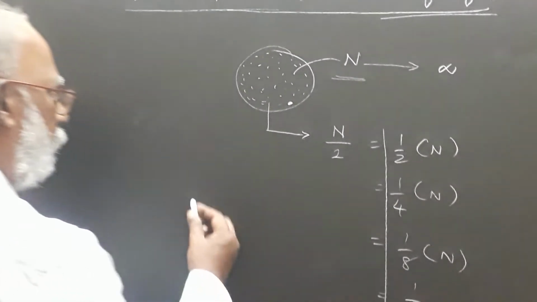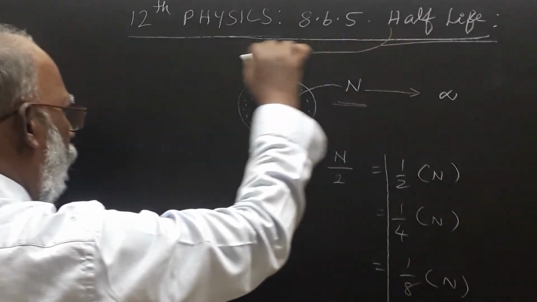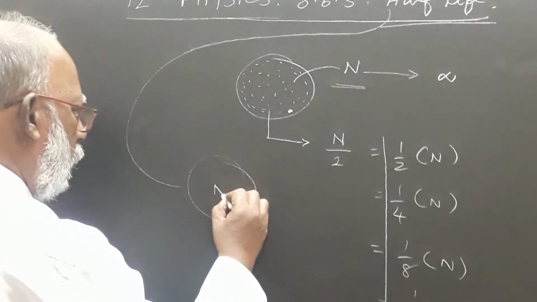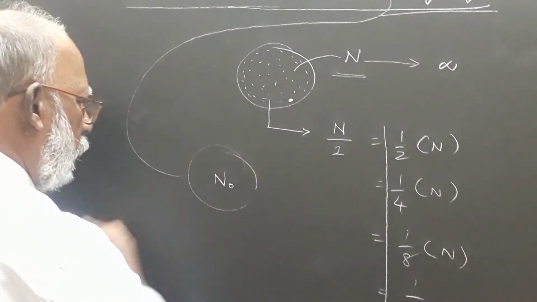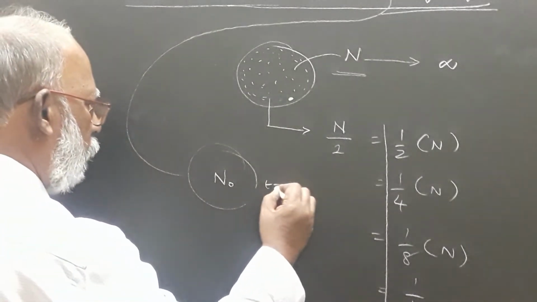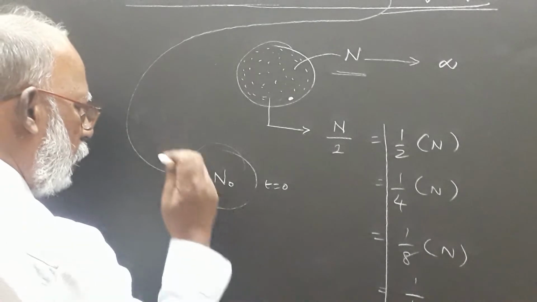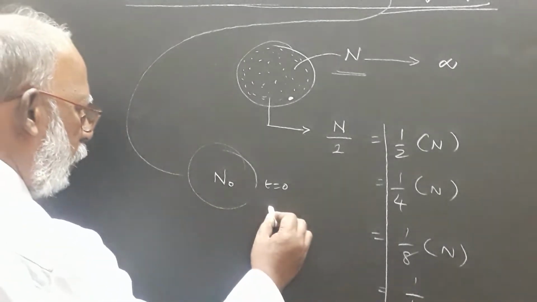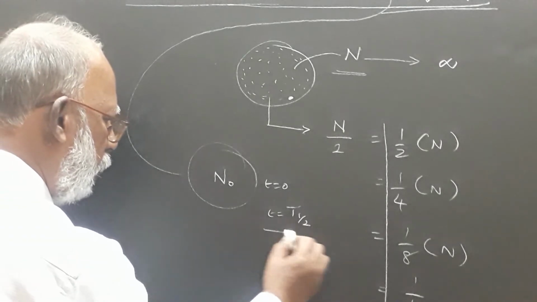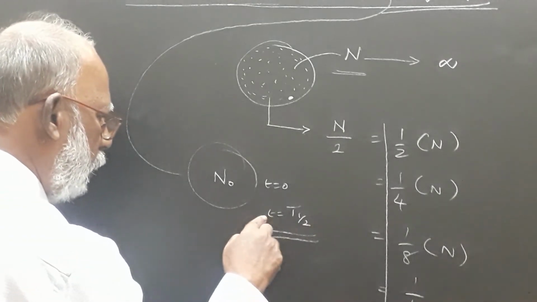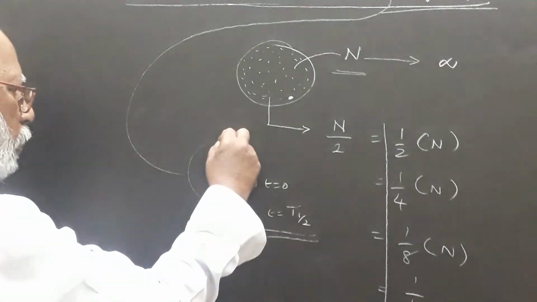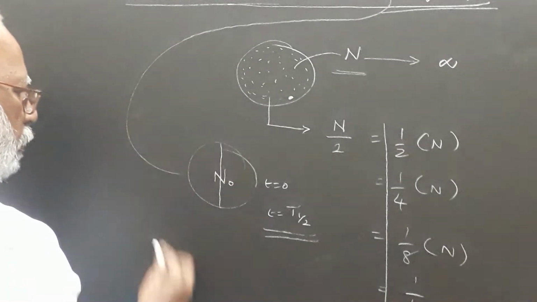Before I explain the half-life, assume the total number of nuclei is N naught. When t equals 0, the total number is N naught. When the time taken is equal to T half, the sample is reduced to half.